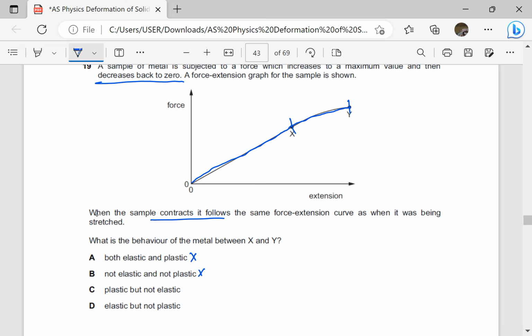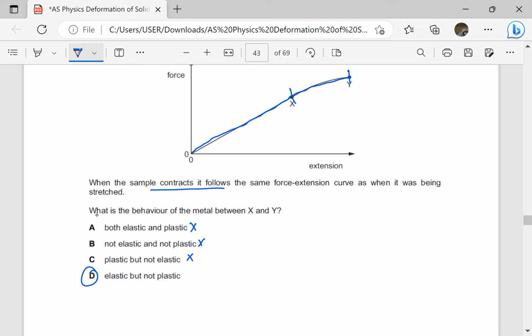But when the sample contracts, it follows the same force extension curve as when it was being stretched. That means the extension goes back to 0. Plastic but not elastic. That is not true. If it was plastic, it would not follow the same force extension curve because some energy must be dissipated in the process of removing the load. So it is elastic but not plastic.